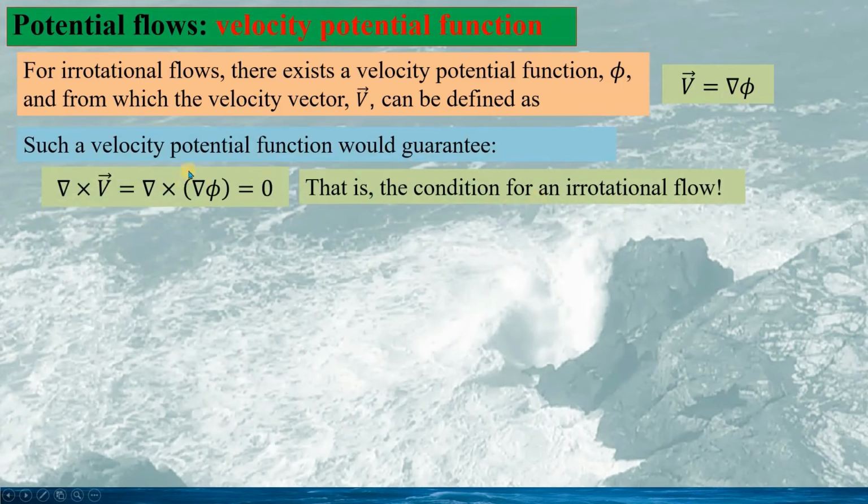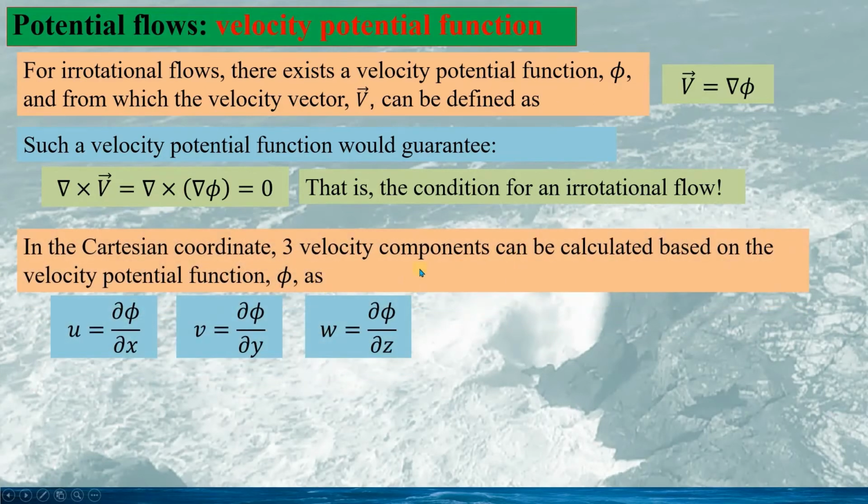The simple reason for such a velocity potential function is that if we calculate the curl of the velocity vector, we have the expression as this. So this is identically 0. This is a simple proof for irrotational flow of the existence of a velocity potential function.